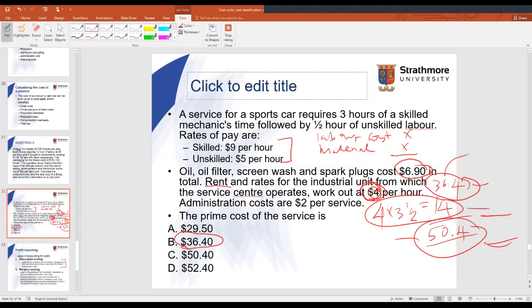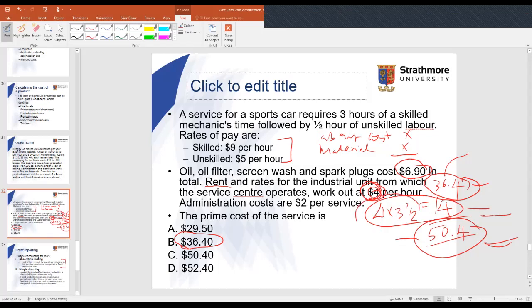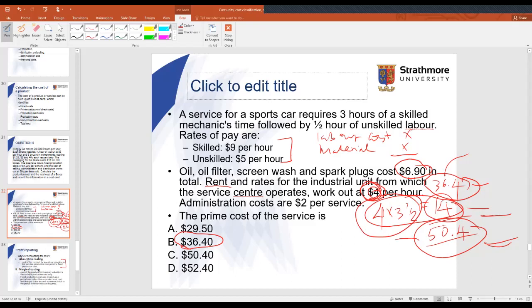That is $4 times 3.5 hours to give us $14. So the total cost of the product is no longer that 6.4, but the 6.4 plus the cost absorbed into the product, which is 14, to give us 50.4. Clear there? Okay.